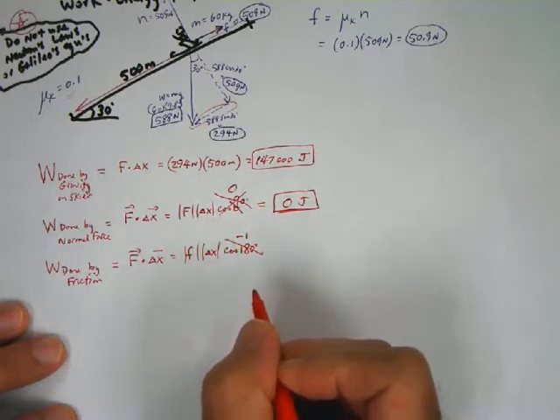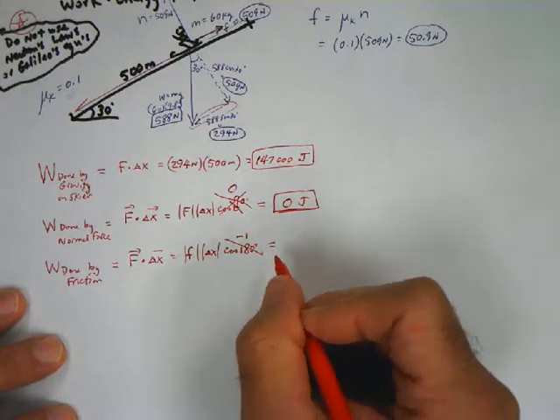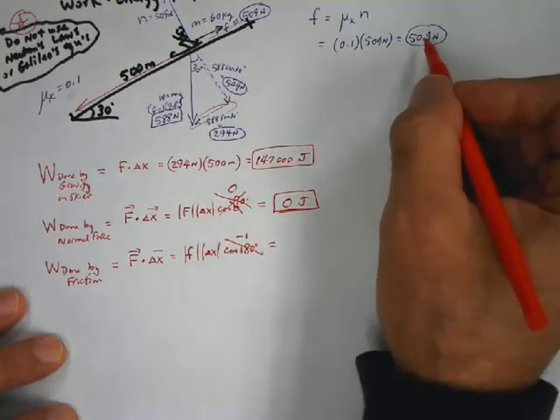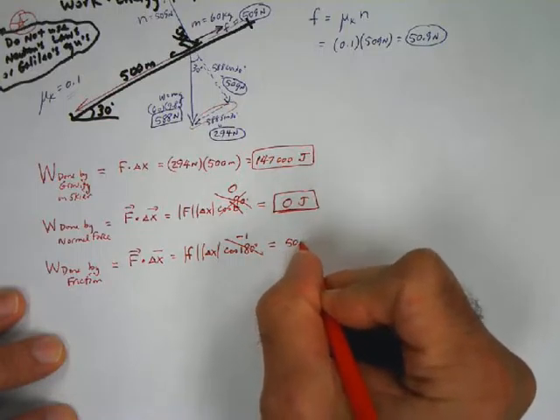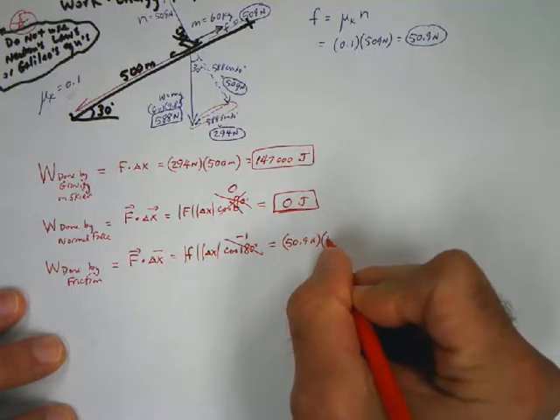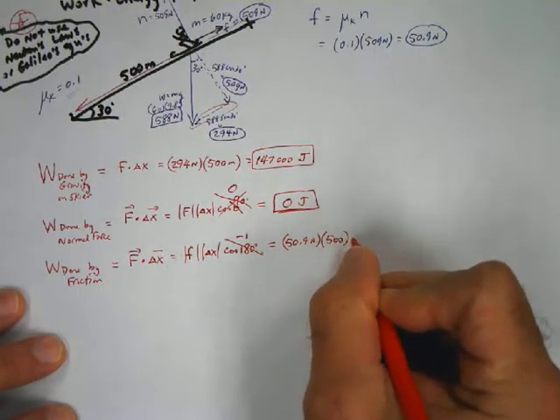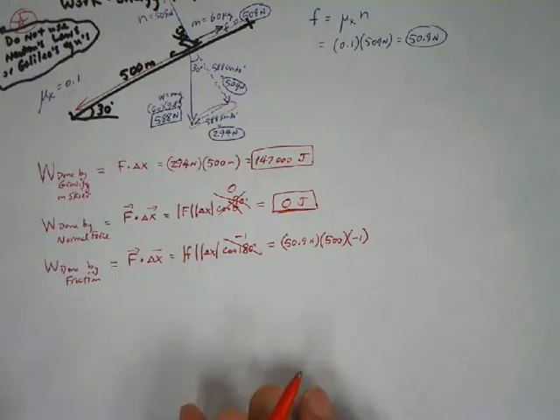So we're going to end up with a negative amount of work here. The frictional force we already found out was 50.9 newtons. The distance is 500 meters, times a -1 because friction is pointing the opposite direction of the motion. Friction is losing the battle, in other words.